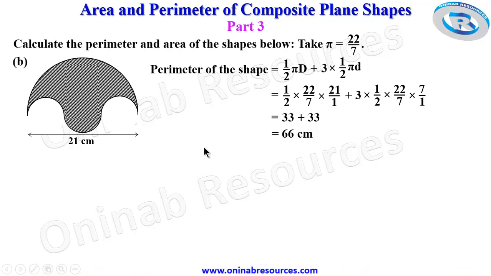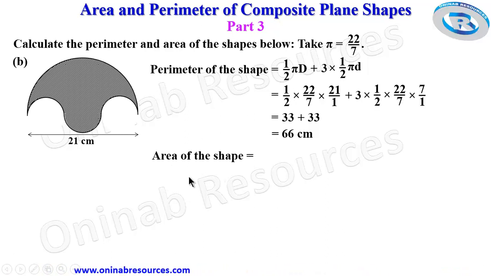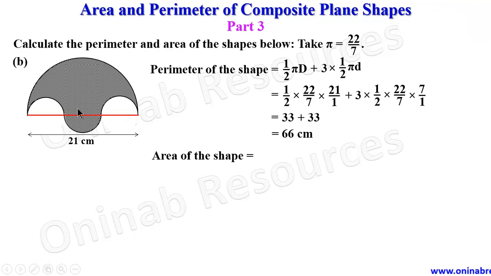We then calculate the area of the shape. To calculate the area of the shape, if we mark out the diameter so that we have the larger semicircle, which means the larger semicircle has two of the smaller semicircles removed.